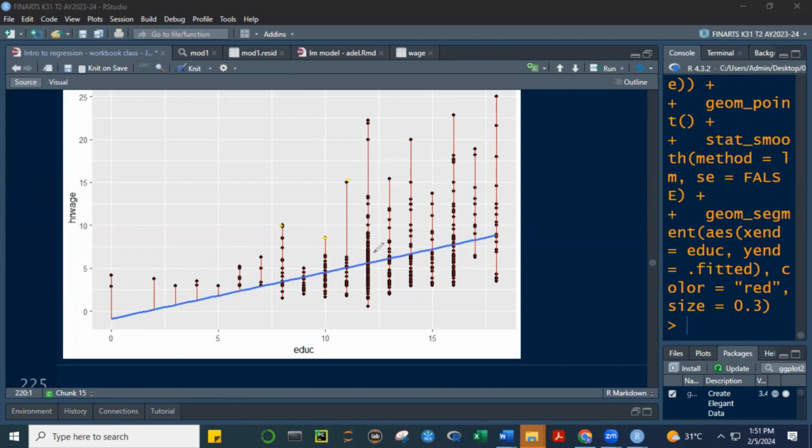So this is your y sub i. Let's say y1. This is the corresponding y hat 1. Kunyari ito, pareho sila, no? Kunyari ito y10. So y10, to connect it to your regression line, so y hat 10, may residual din siya. So ito yung residual ni y10, ito yung residual ni y1.